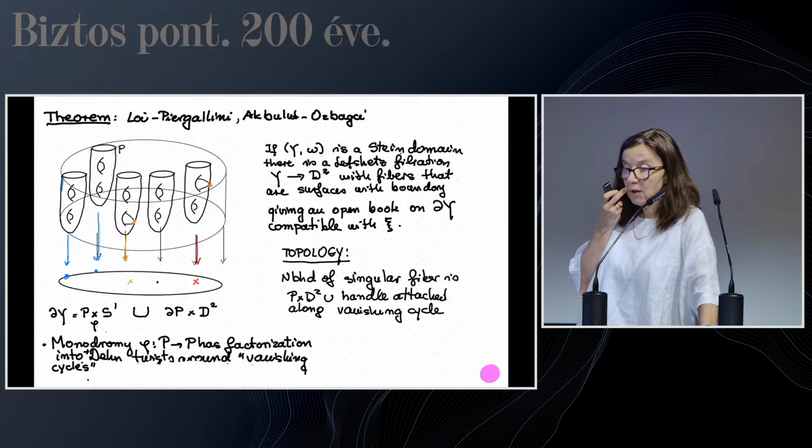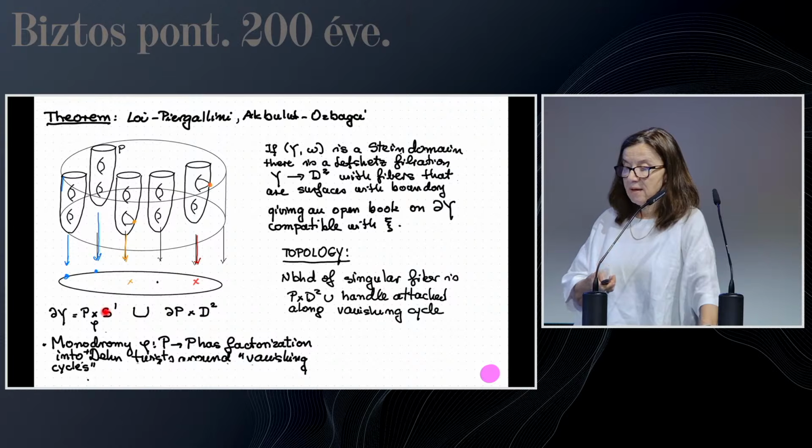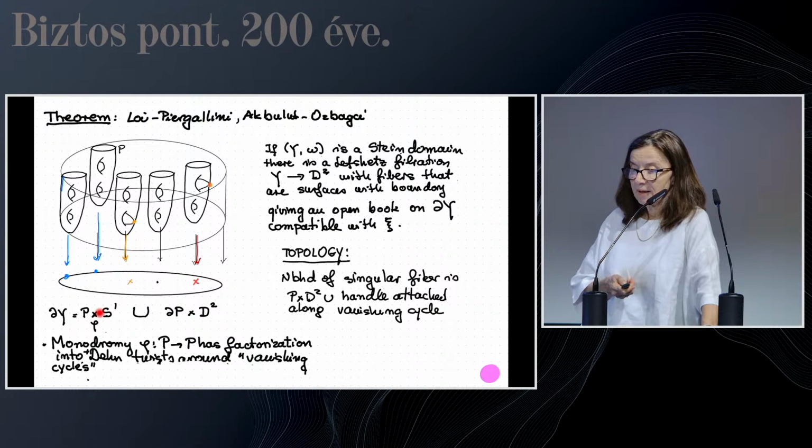There is a natural decomposition of the boundary of this four-manifold into vertical parts and horizontal parts. The vertical part is a bundle with fiber what we're going to call the page, the fiber of our fibration, with some monodromy phi, and we add the base times the boundary of P. This is what we call the pages, and this is what we call the binding.